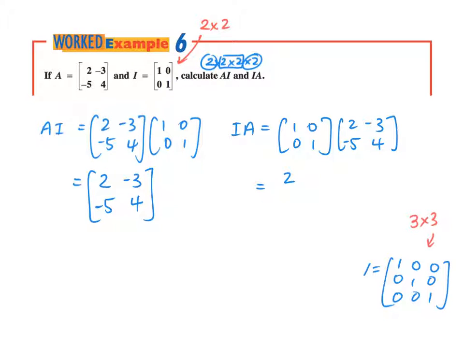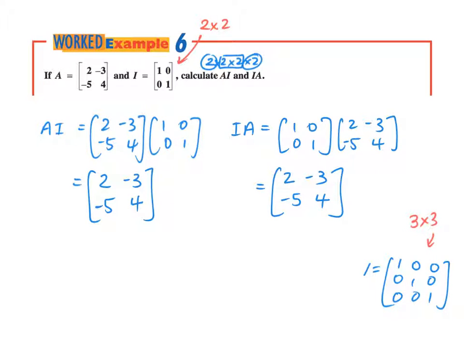Then 1 times negative 3 is negative 3, and 0 times 4 is 0. Then 0 times 2 is 0, and 1 times negative 5, so negative 5. And 0 times negative 3 is 0, and 1 times 4 is 4. So we can see we produce A in both cases.